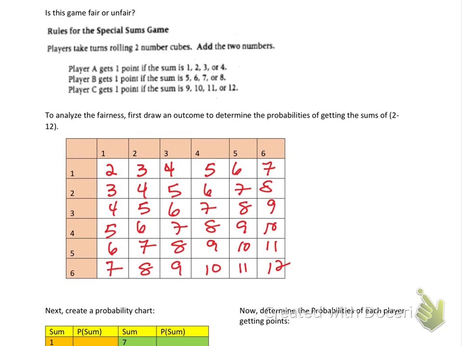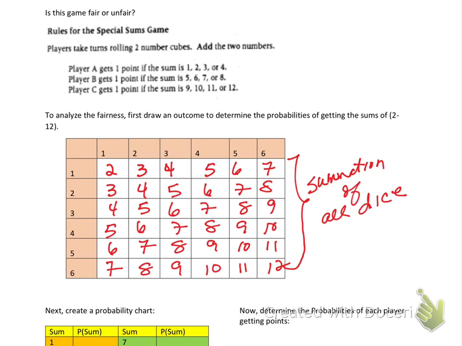Okay, so given what we have, this chart right here gives us the summation of all the dice, all the different rolls that we could possibly do. Then they're going to have us figure out a probability chart based on this.